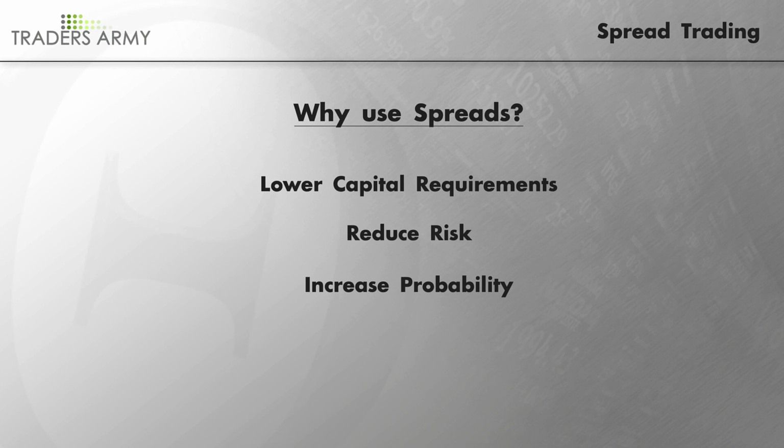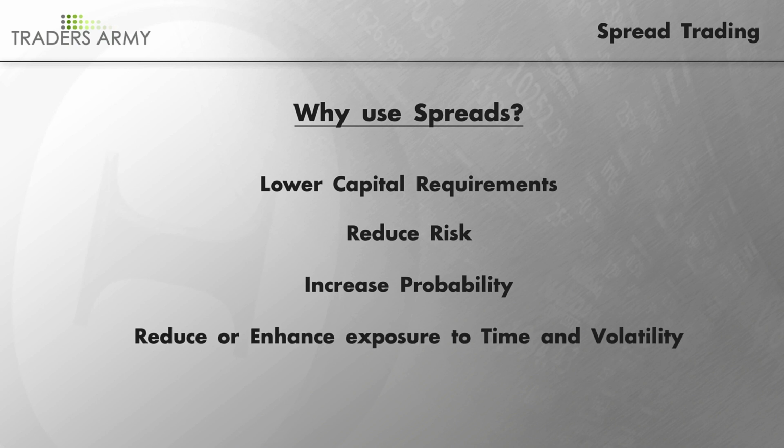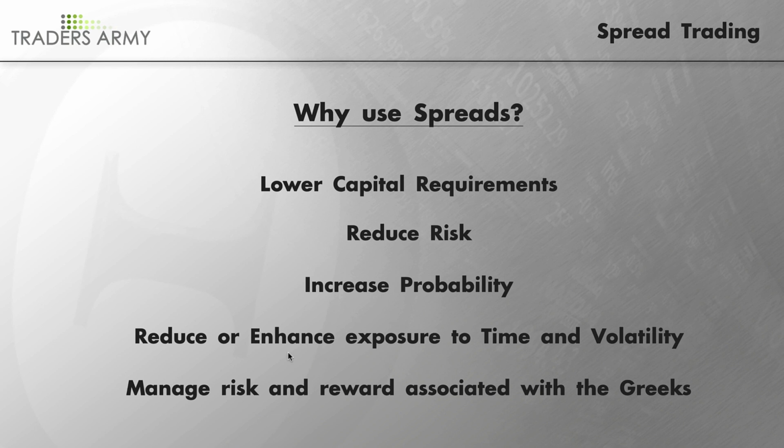It increases the probability of the trade working out in our favor, and it reduces or enhances exposure depending upon if you want to reduce exposure to time and volatility, you can do that. If you want to enhance the exposure to time and volatility, we can do that as well. And ultimately manage our risk and our reward associated with the options Greeks. We're talking about delta, we're talking about time, theta, and we're talking about vega, which is our volatility exposure.